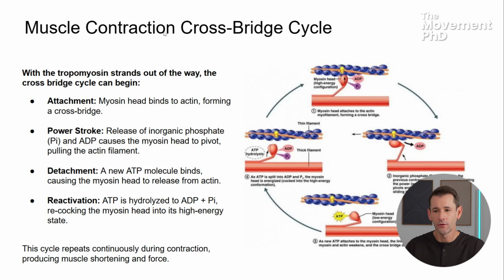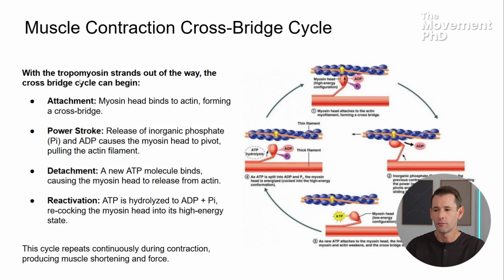Let's briefly go through the cross bridge cycle. This leaves off where we were talking about the innervation of muscle a few slides earlier. We talked about the calcium being released after the action potential. Well, that calcium binds to troponin, which then moves the tropomyosin out of the way on that actin filament.